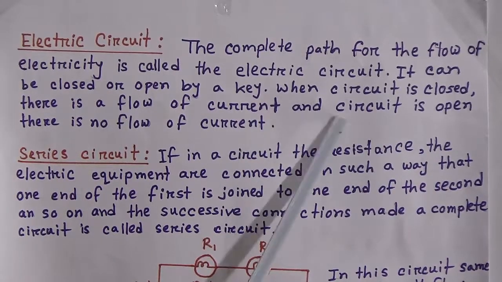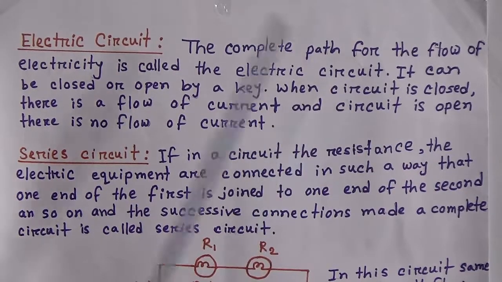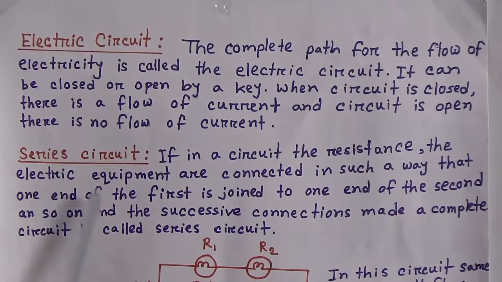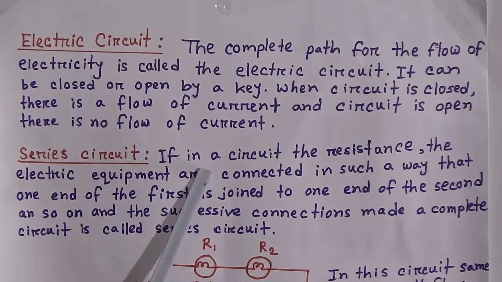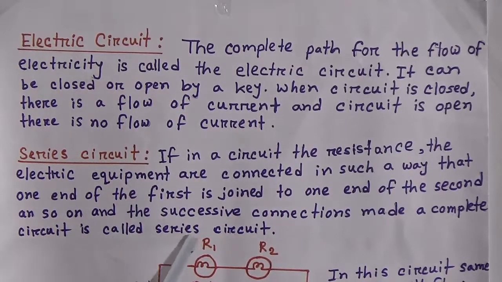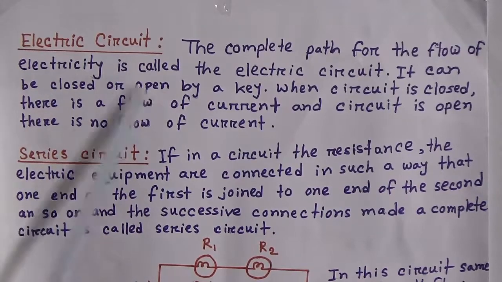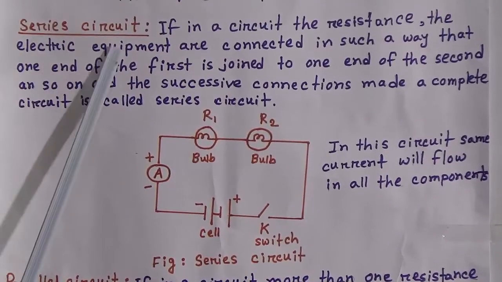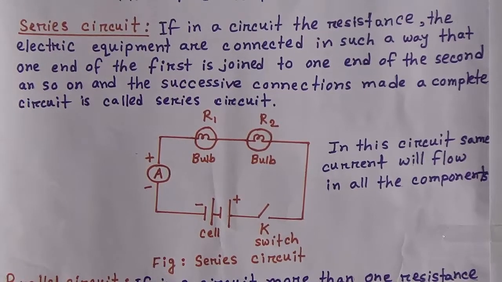That means when the circuit is closed, there is no resistance, so current will flow, and when the circuit is open, there is no flow of current. That means there is resistance.